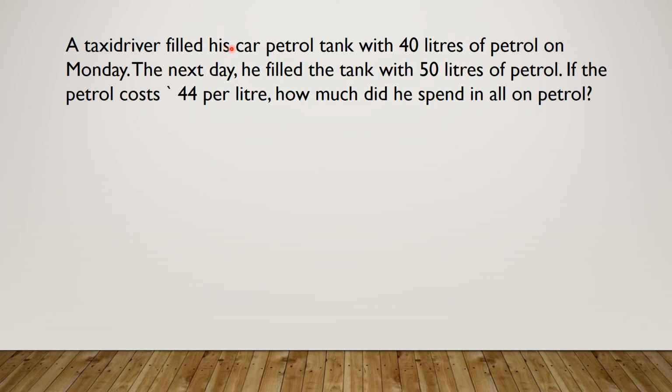A taxi driver filled his car petrol tank with 40 liters of petrol on Monday. Next day he filled the tank with 50 liters of petrol. If the petrol cost rupees 44 per liter, how much did he spend in all on petrol? That is the question. So let us see. This is rupees 44 per liter, children.